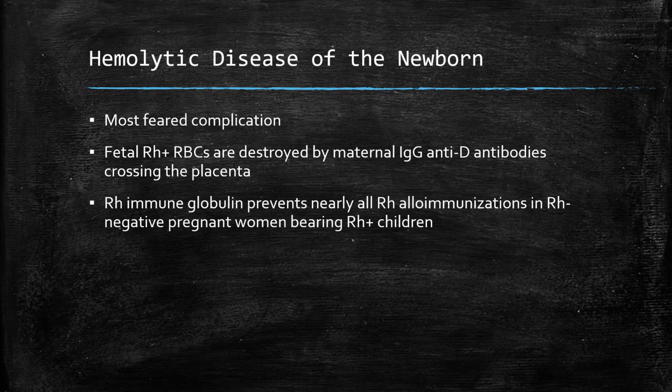And a pregnant woman who's undergone a significant trauma, especially a significant abdominal trauma, may well get sensitized from this trauma. And so giving Rh immune globulin is part of the care of significant trauma in pregnancy.